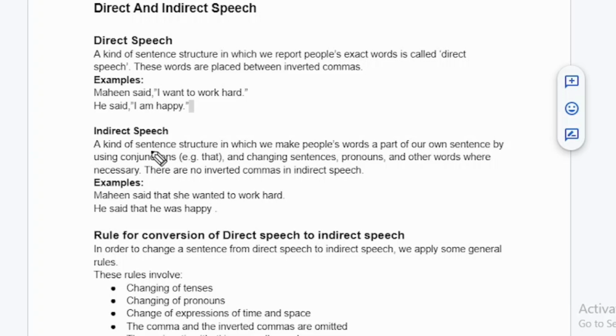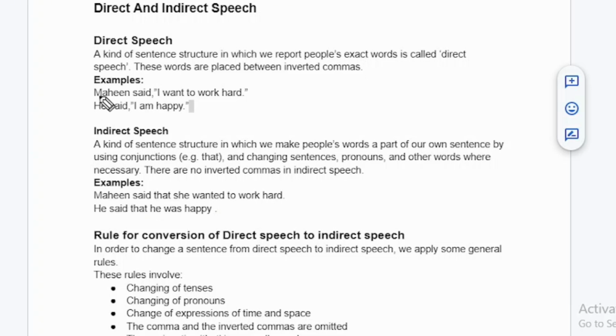So how will we say that? Maheen said that she wanted to work hard. Now we are saying it in an indirect way.